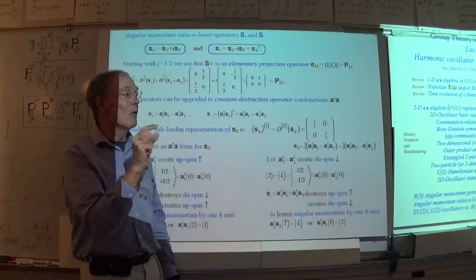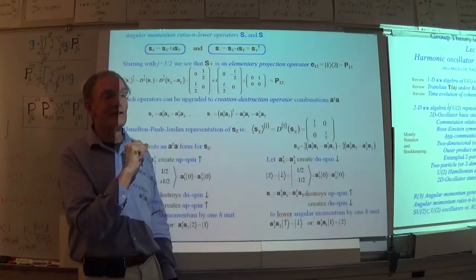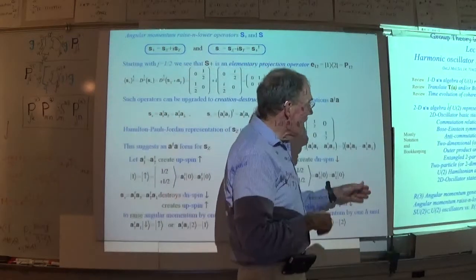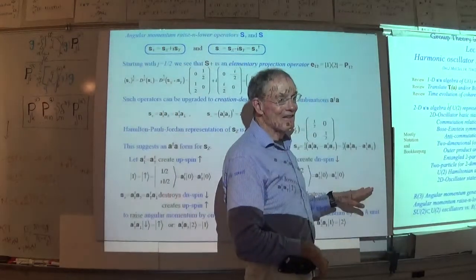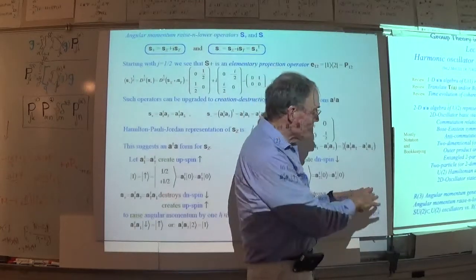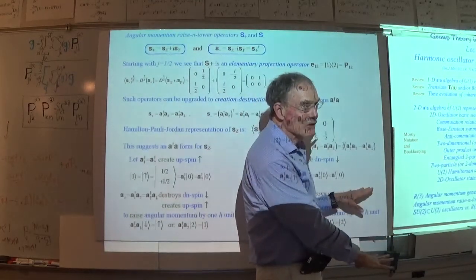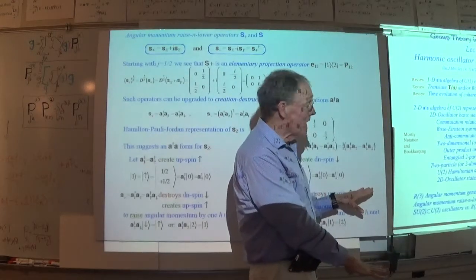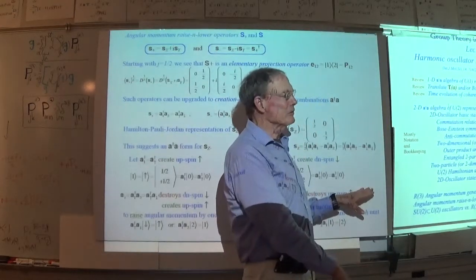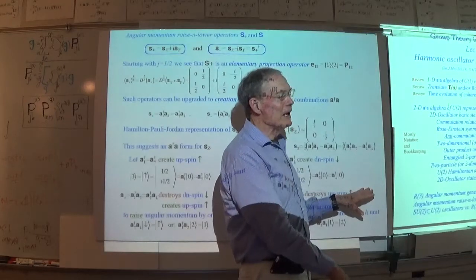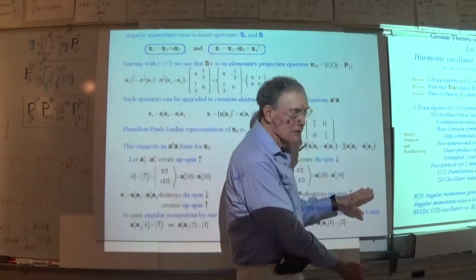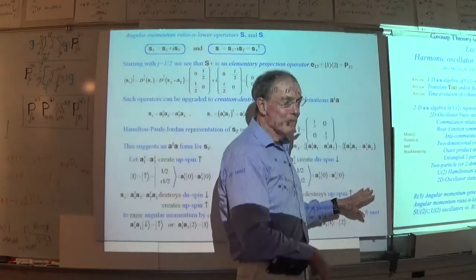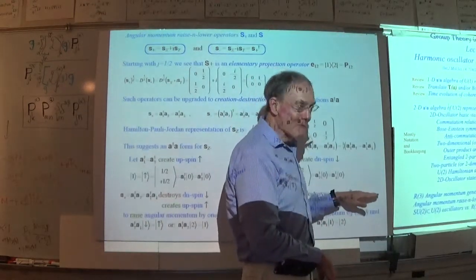You're hitting on a very important problem with oscillators, and that is they stop at 0. There's no negative states associated with the harmonic oscillator. Now, where would I ever get negative states associated with a harmonic oscillator? Well, I'd have to build a whole theory with antiparticles or something. But we don't do that. We stop at the bottom.